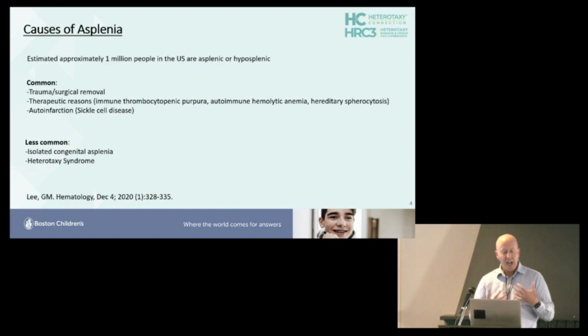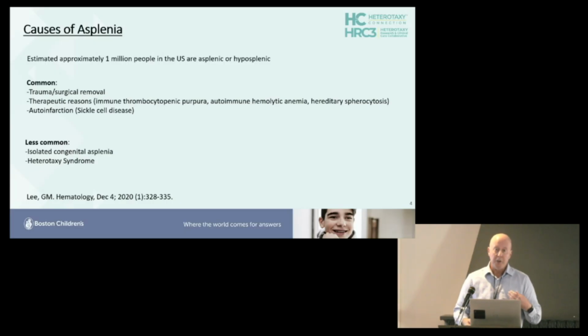So just to go over asplenia, it's estimated that there are about 1 million people in the U.S. who are asplenic or hyposplenic, but as we'll see in the next slide, that's probably an underestimation. Common causes of asplenia include trauma and subsequent surgical removal.